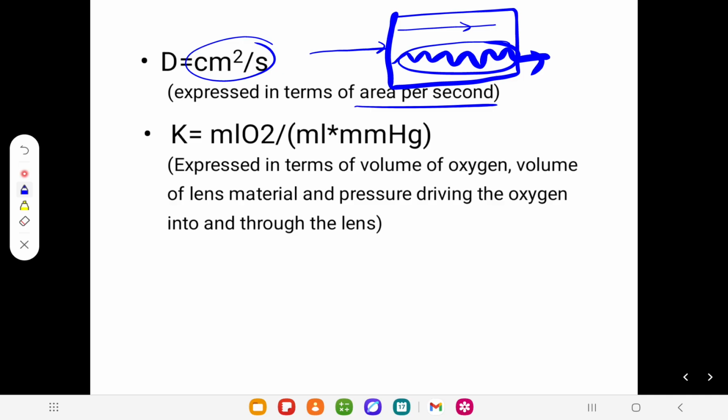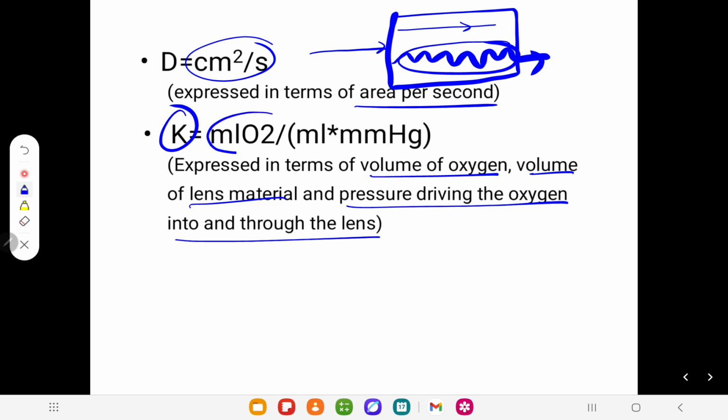So, K, what do you mean by K? It is the volume of oxygen dissolved in the material, isn't it? So it is expressed in terms of volume of oxygen, volume of lens material, and pressure driving oxygen into and through the lens. It means what mole of oxygen is dissolved in what mole of material at a particular pressure.